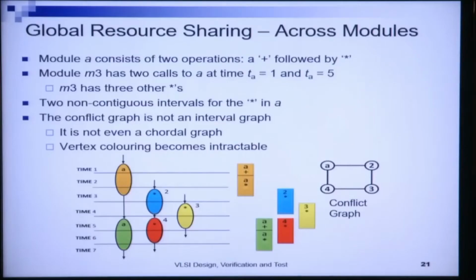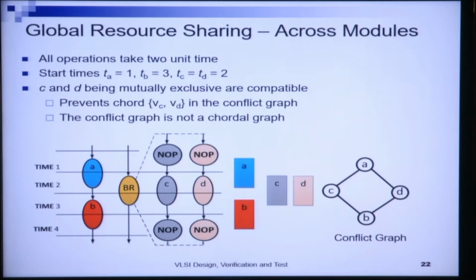And therefore, resource sharing over such modules which contain branches and loops becomes non-trivial and cannot be solved in polynomial time, and I need enumerative techniques for graph coloring, because these problems become NP complete for general graphs, non-chordal graphs.